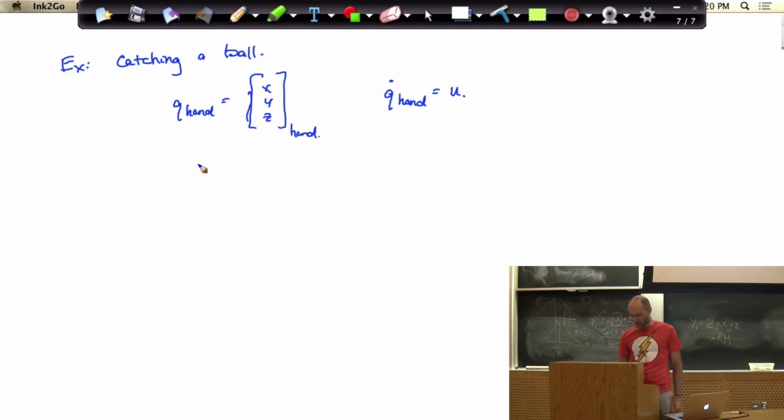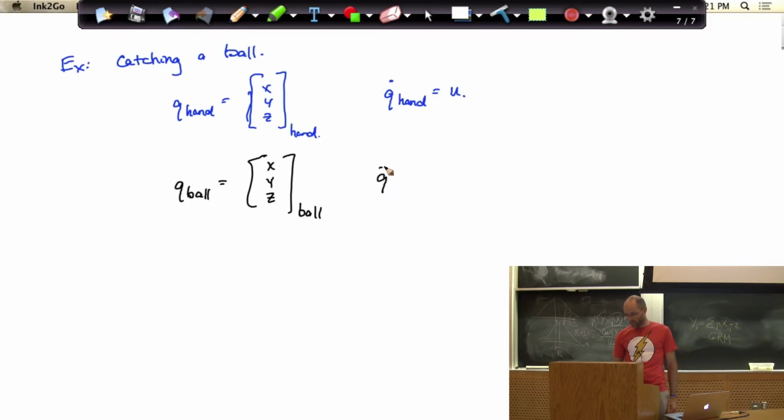And let's say that I've got a ball that's being thrown at me. And the ball, I'm pretty sure, barring aerodynamic effects, is going to have a dynamic something like this. So those are both linear, right? I could write this whole system down as a linear dynamics.